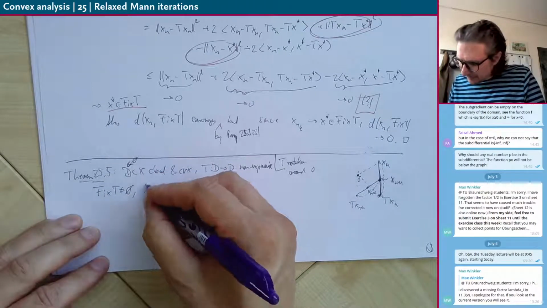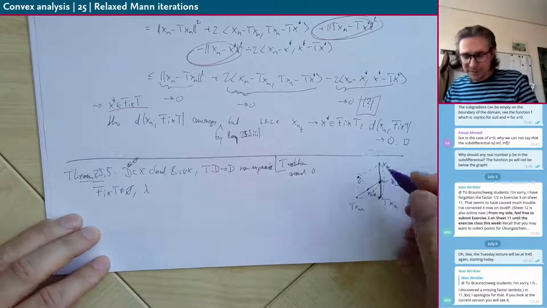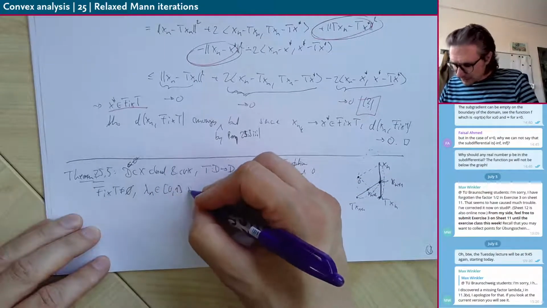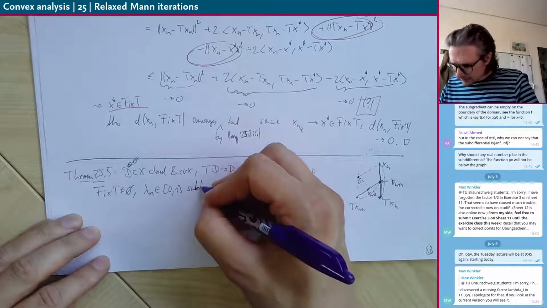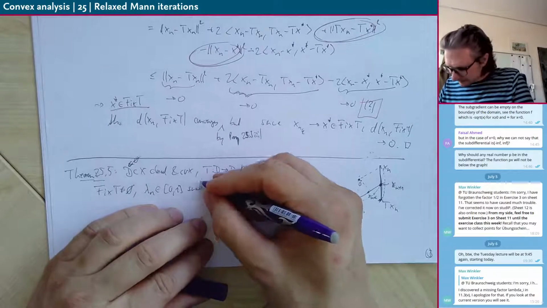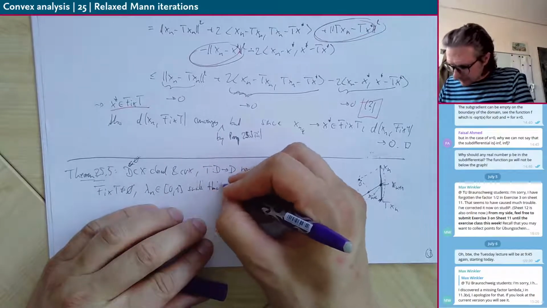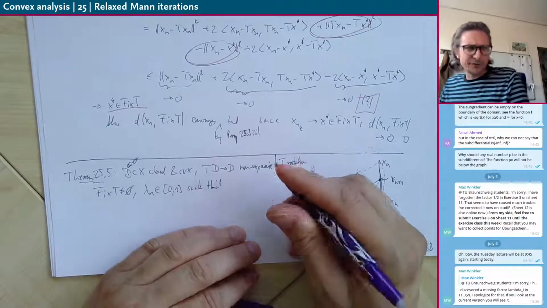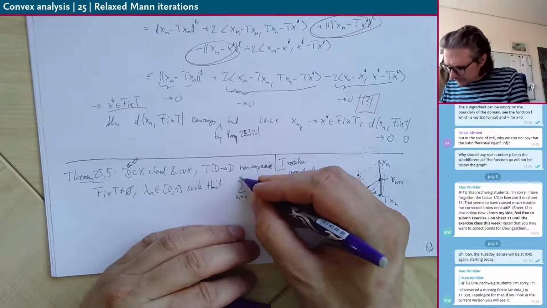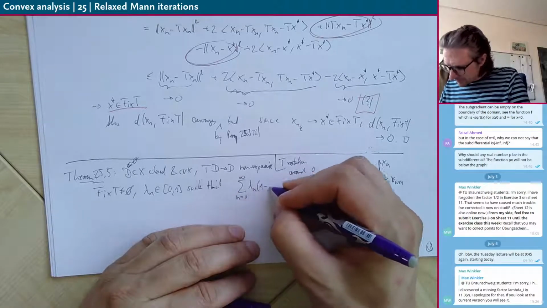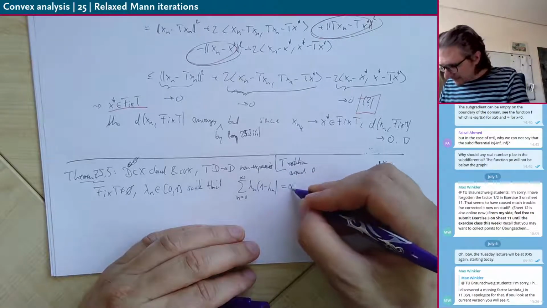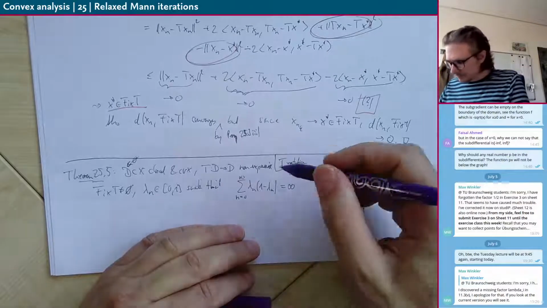And then we need a sequence which does these convex combinations. So we call it lambda n, a sequence in [0, 1], such that the condition is maybe a bit weird, but in the proof you see why you need it: if you sum from n equals 0 to infinity, lambda n times 1 minus lambda n, this should diverge, equals plus infinity.